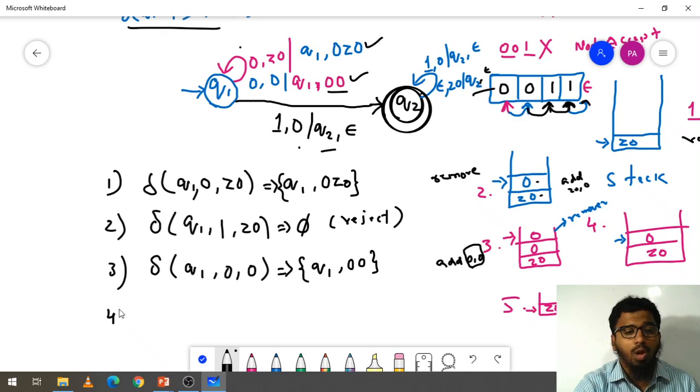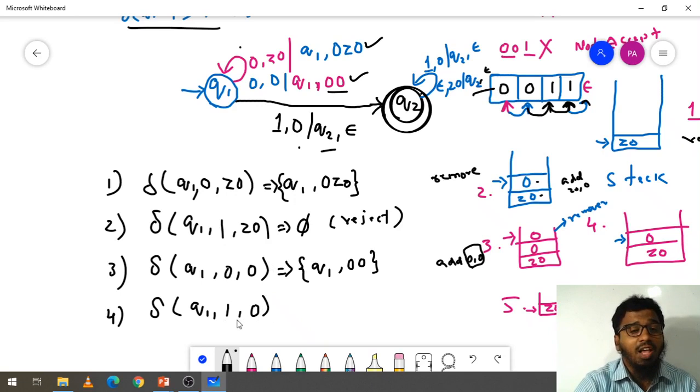Now the fourth one. Delta, q1 comma 1 comma 0. Whenever we have 1 comma 0, we need to pop this 0 from the stack.